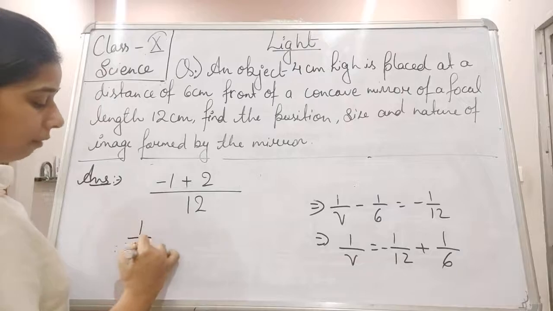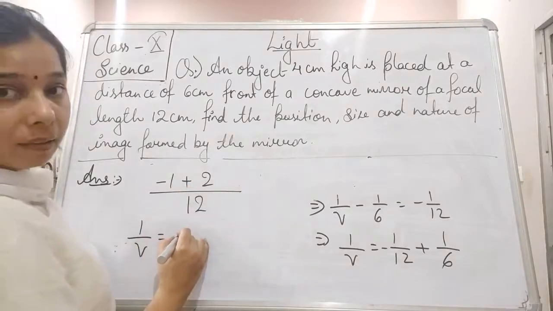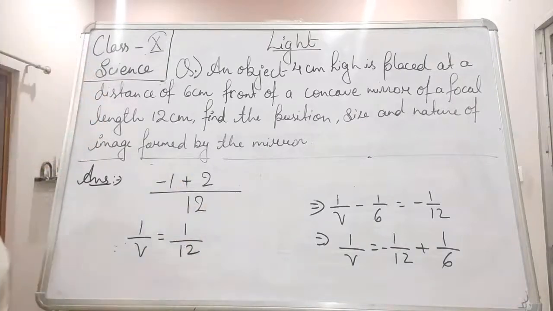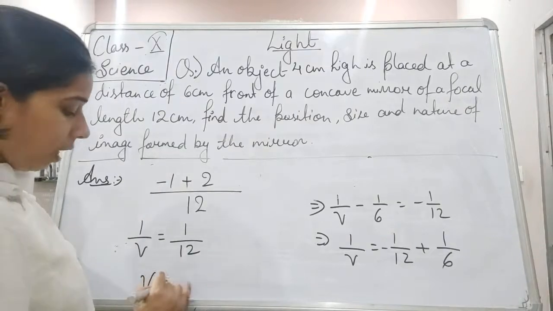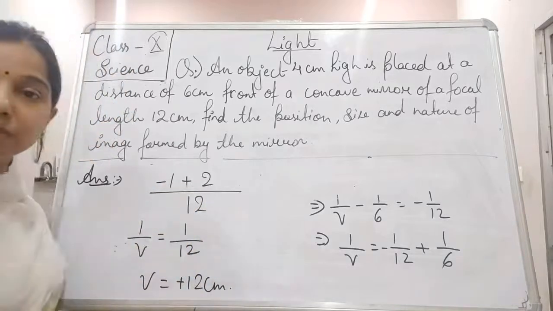So 1 by V will be equal to plus 2 minus 1, which becomes 1 upon 12. Or we can write V is equal to 12. This means plus 12 centimeter.